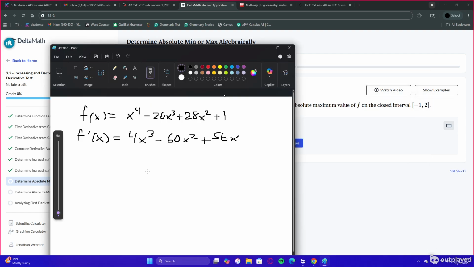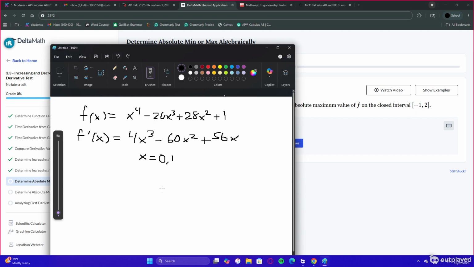Okay, now if you solve for 0 here, you would get x equals 0, 1, and 14. But 14 is not a number that we're interested in on our interval, so we can just ignore that.